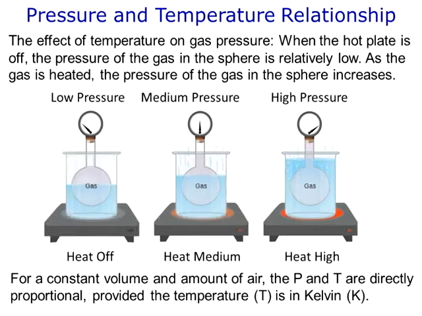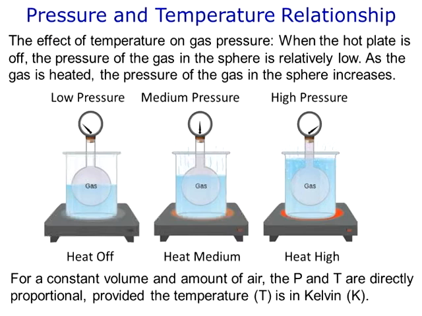As gas is heated, the pressure of the gas inside the sphere increases in our illustration, and this is a relationship worth noting. For a constant volume and constant amount of air, constant mass, constant moles, the pressure and temperature are directly proportional, provided the temperature is in K. That is important.